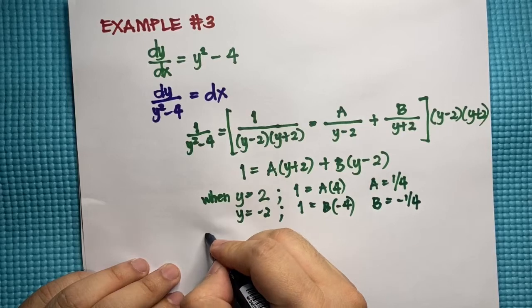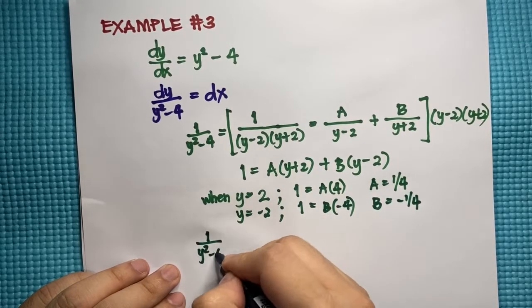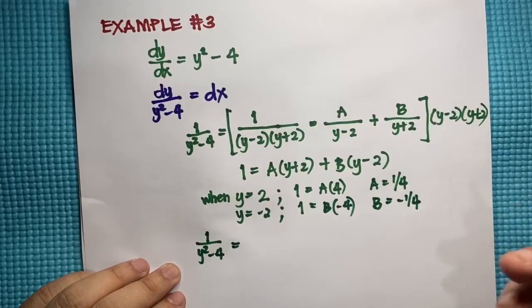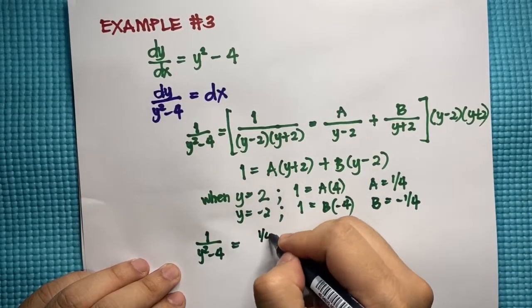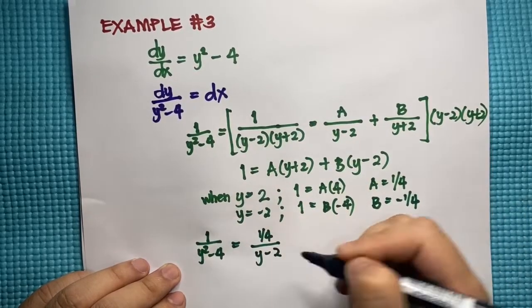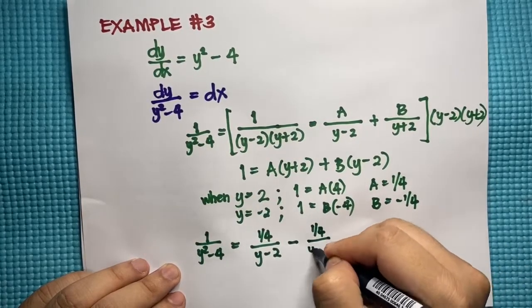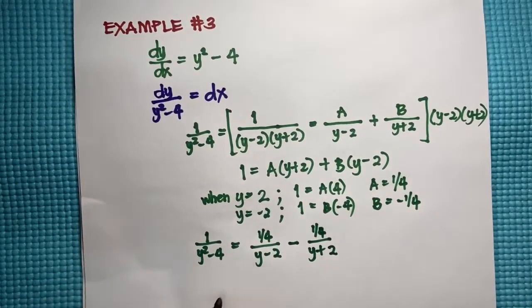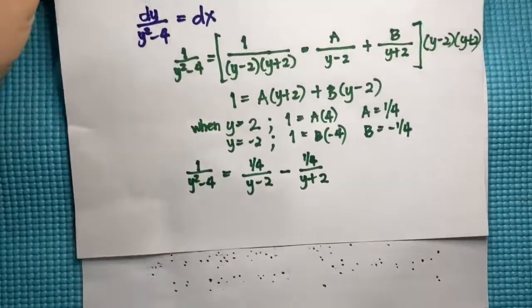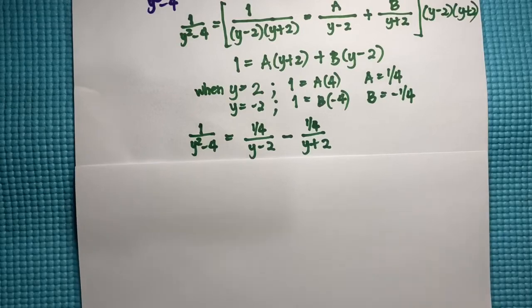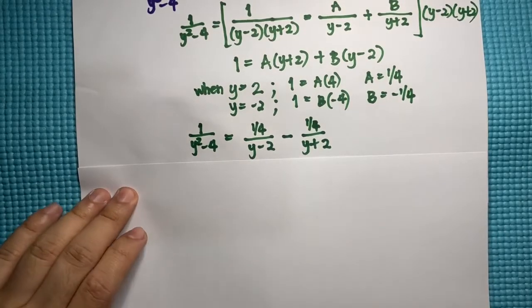So therefore, 1 over y squared minus 4 is the same as 1/4 over y minus 2, minus 1/4 over y plus 2. So that would be the partial fraction decomposition of the original equation that we have. In that case, I could rewrite my original equation.